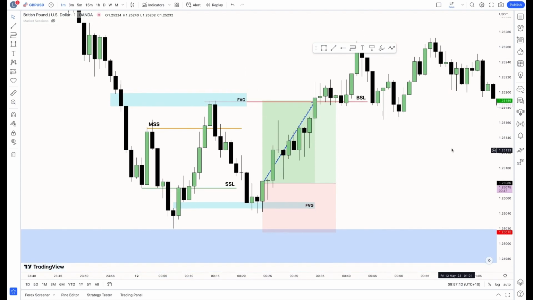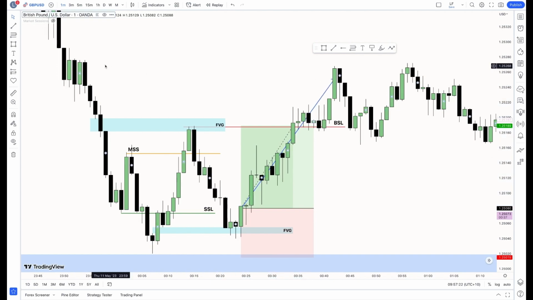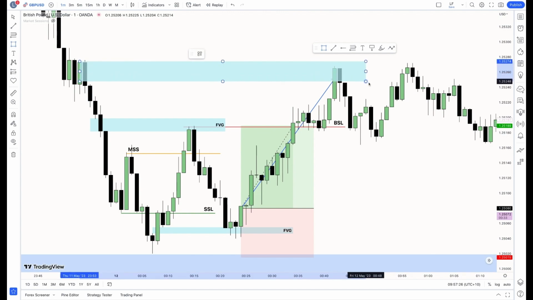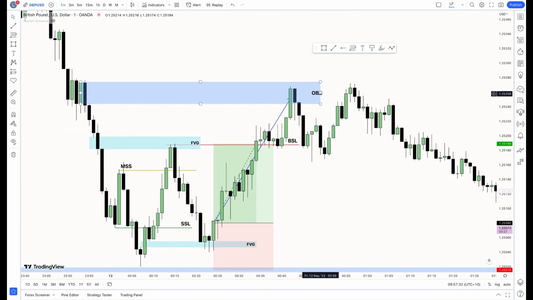I noticed that price was consolidating, and I took my second partial around here. There was a bearish order block that had formed, so naturally that was my second partial.